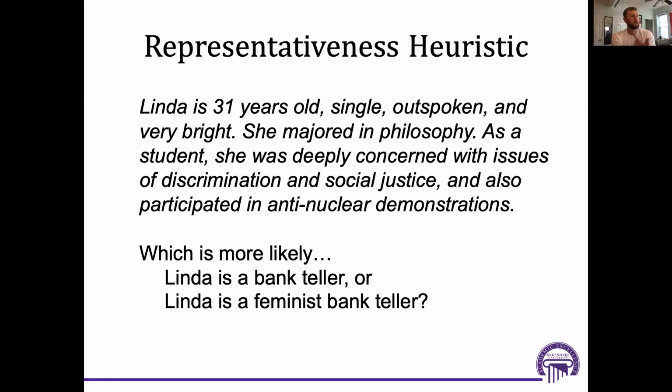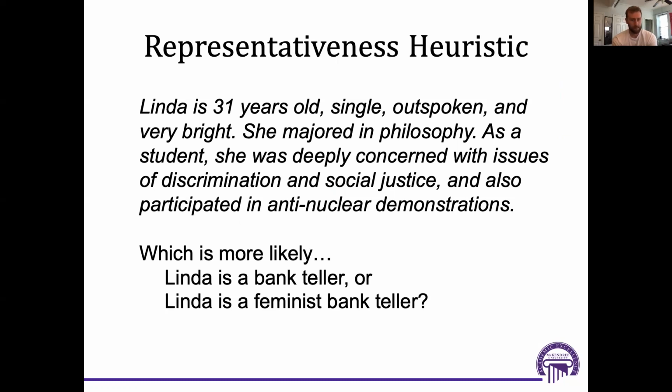So let's circle back to the representativeness heuristic, right? So how well does an exemplar represent its parent group? So consider this example. Linda is 31 years old, single, outspoken, and very bright. She majored in philosophy. As a student, she was deeply concerned with issues of discrimination and social justice, and also participated in anti-nuclear demonstrations.